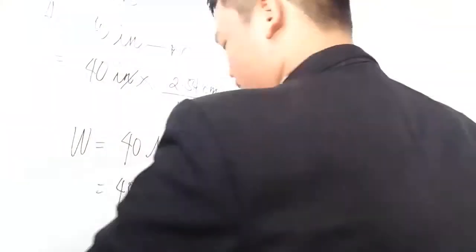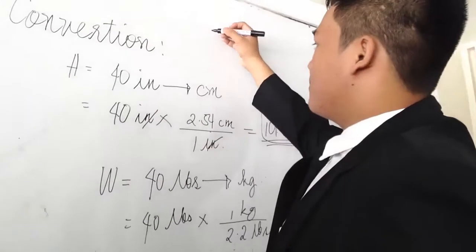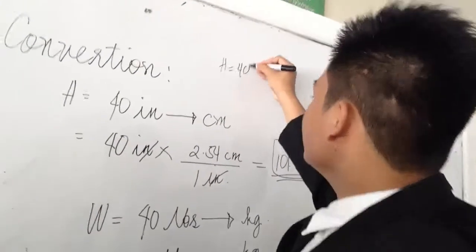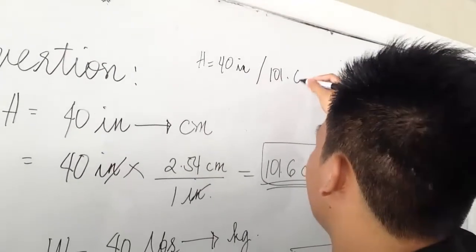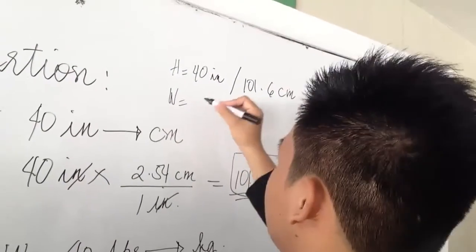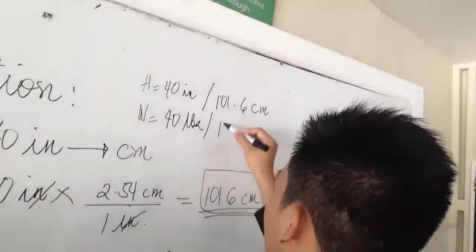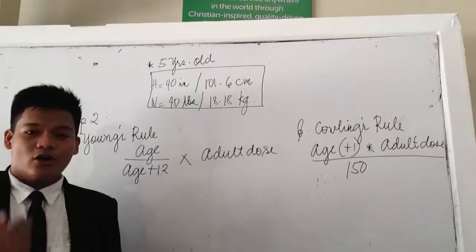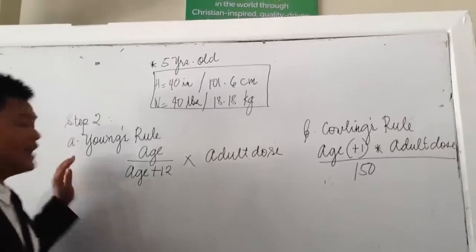So there, the patient's height is 40 inches or 101.6 centimeters. The patient's weight is 40 pounds or 18.18 kilograms.